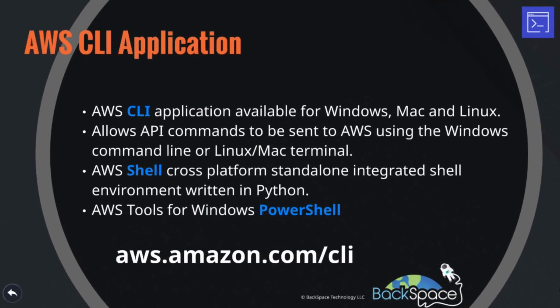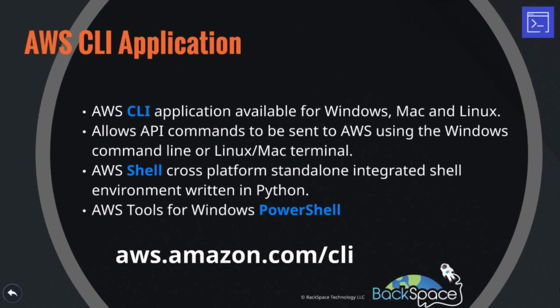Now, to start using the command line interface, the first thing that you need to do is to have an application running on your computer that can allow that to happen. So the AWS standard CLI application is available for download for Windows, Mac, and Linux.